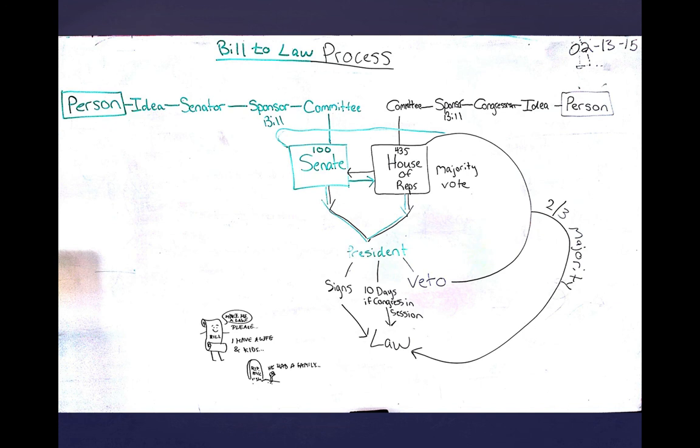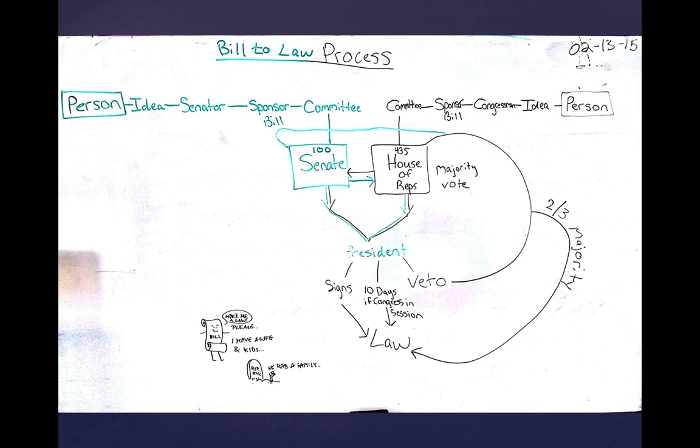If the president vetoes the bill, it goes back to the House in which it originated. And if the houses vote this time with more than a 2/3 majority, then the bill will still become a law, overturning the veto of the president.